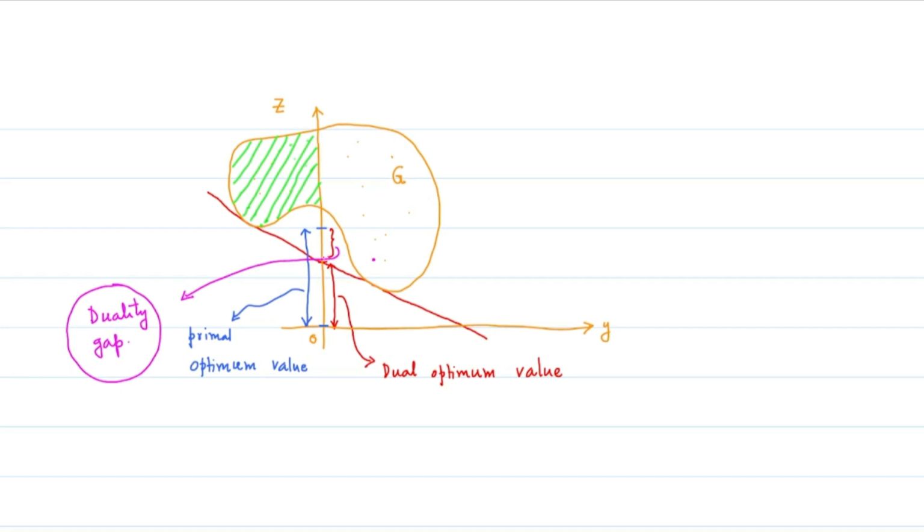So even if the problem is not a convex problem, even if the dual optimum value is not going to give us an optimum solution to the primal, by solving the dual problem, you are getting a warm initial point to start with your optimization algorithm to solve your primal optimization problem.